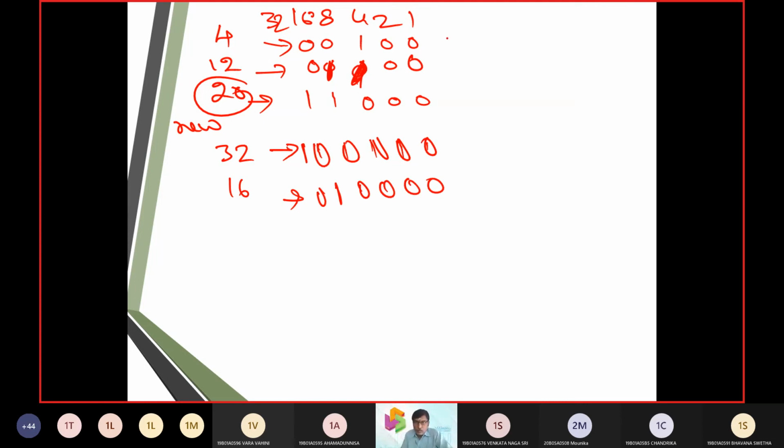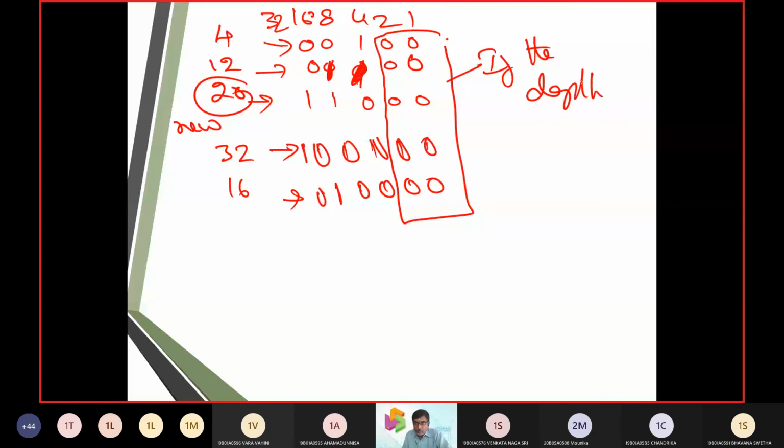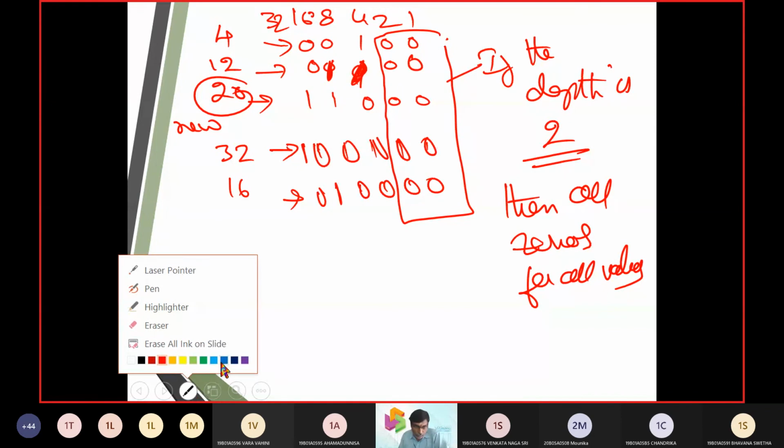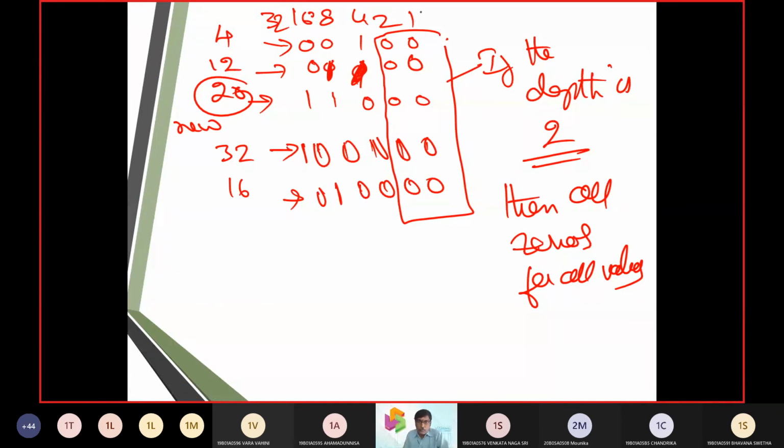Now if the depth is 2, then all zeros for all values. Now next question.